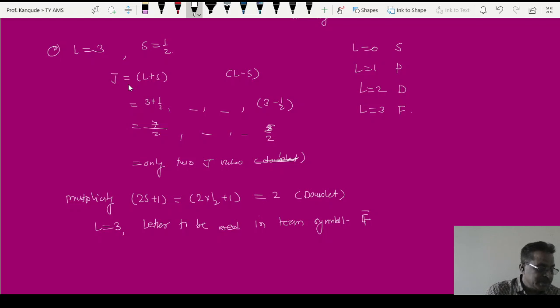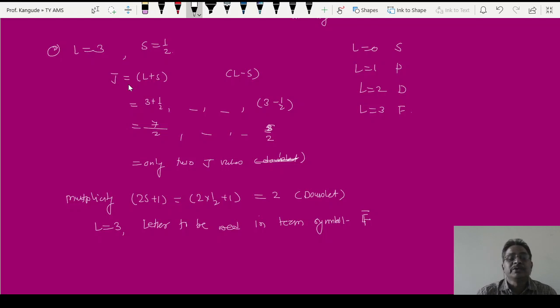We have made one mistake here. 3 plus 1 half is 7 by 2, and 3 minus 1 half, 3 into 2 is 6, minus 1 is 5 by 2. Only two J values are there.